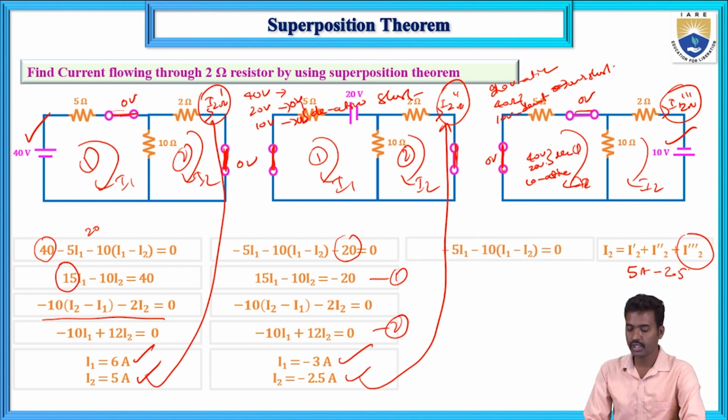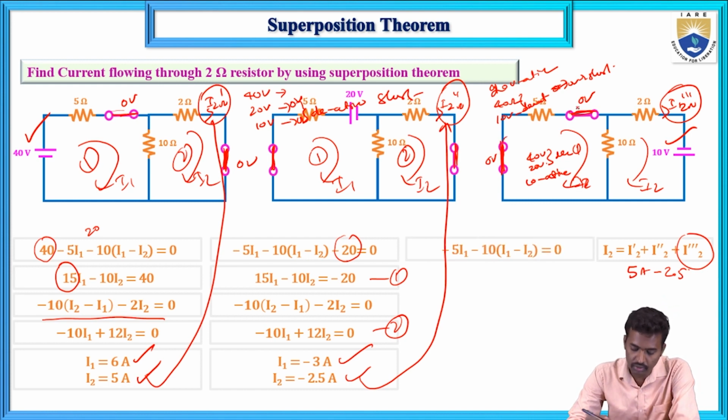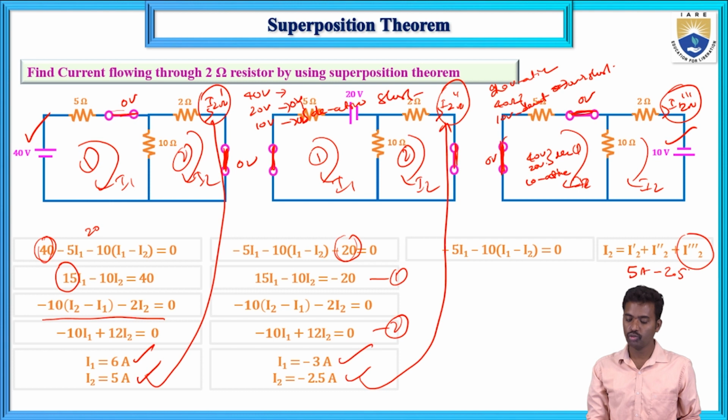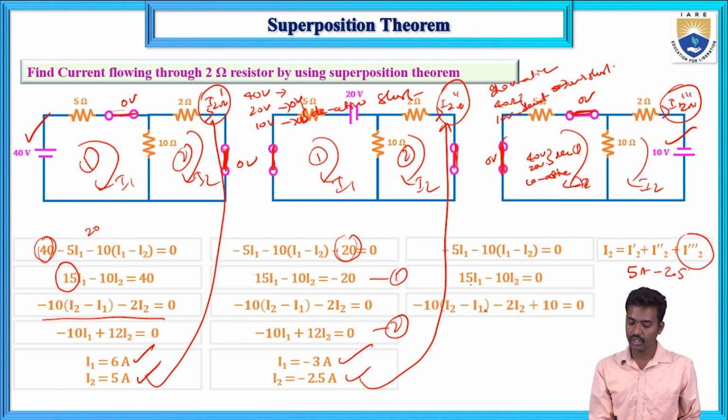Now the individual response current with these two sources replaced by short circuits. The 40 volt and 20 volt sources have no impact on mesh 1, so only 5 I1 and 10 (I1 minus I2) equals 0. Then 10 plus 5 is 15, so 15 I1 minus 10 I2 equals 0. For the other mesh, minus 10 (I2 minus I1) minus 2 I2 with only one source active, 10 volts, so minus 10 I1 plus 12 I2 equals 10.